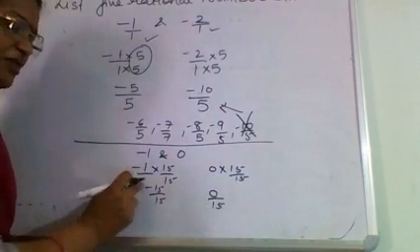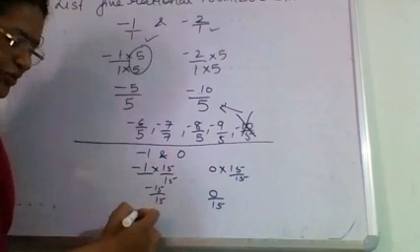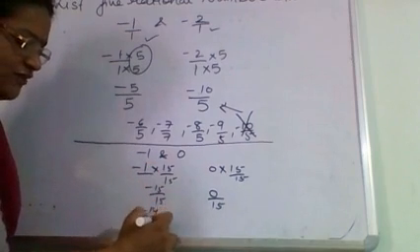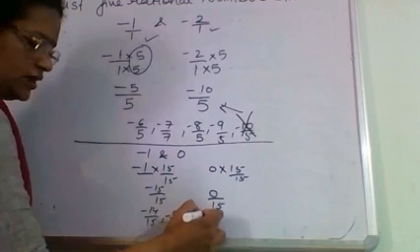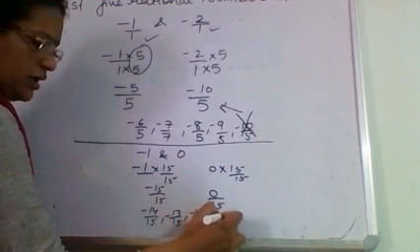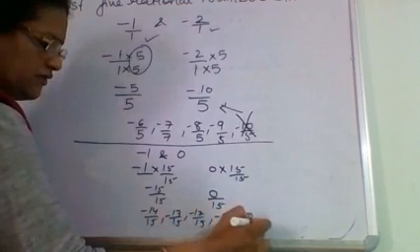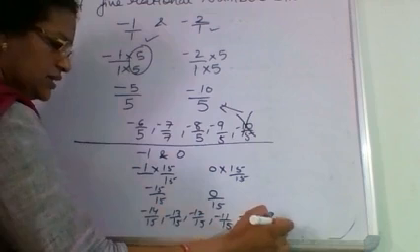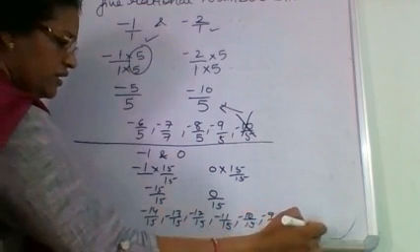So in between -15 and 0, I can find 12 numbers. How come? -14 by 15, -13 by 15, -12 by 15, -11 by 15, -10 by 15, -9 by 15, -8 by 15.